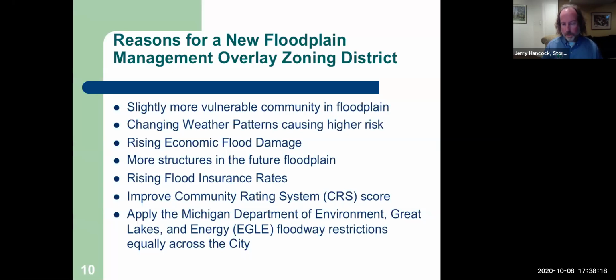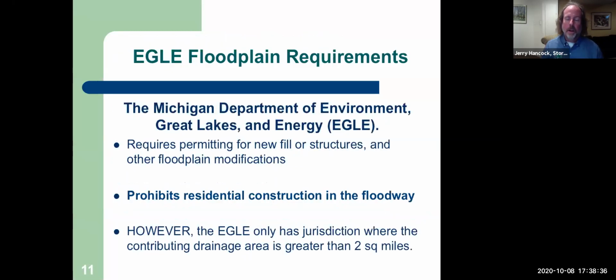the state of Michigan, the Department of Environment, Great Lakes, and Energy, by state law, prohibit residential construction in the floodway, but that is not applied equally here in Ann Arbor. I'll get into that in a little more detail.